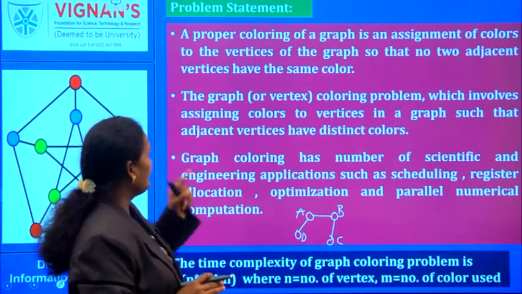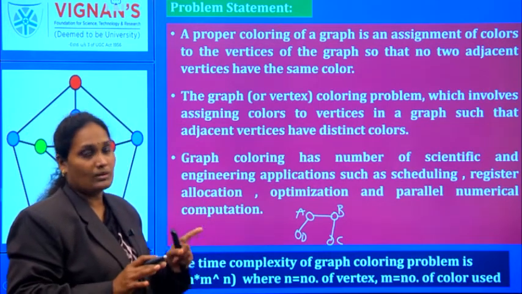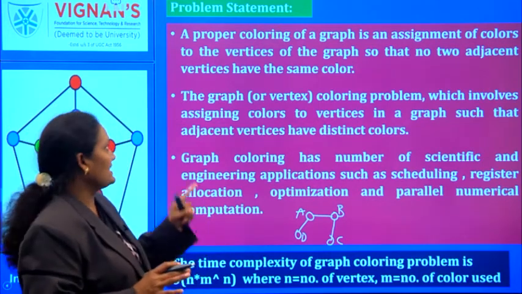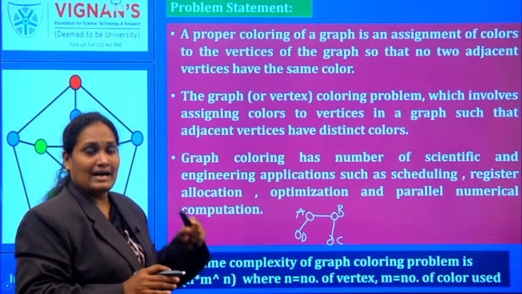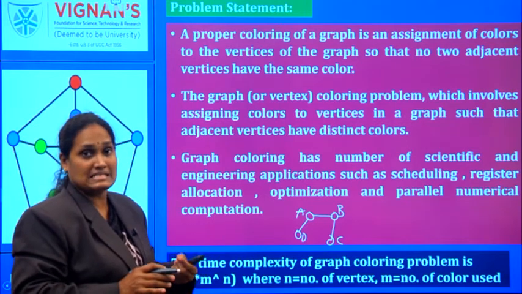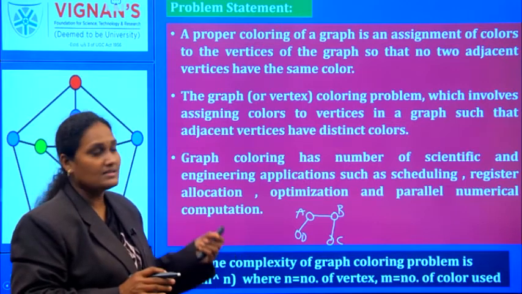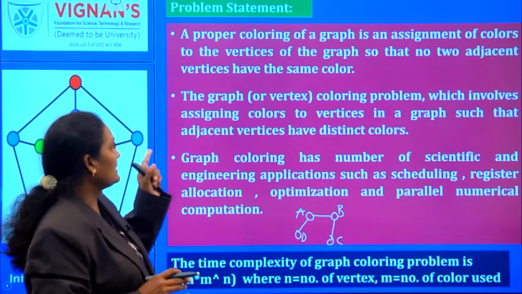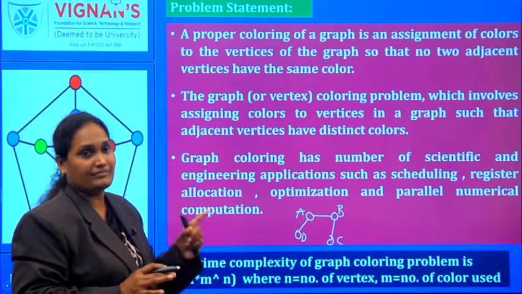So what are adjacent vertices? The vertices which are connected with an edge are called adjacent vertices. What is proper coloring of a graph? Proper coloring of a graph is assigning colors to the vertices of a given graph in such a way that no two adjacent vertices have the same color. Now, the graph coloring problem. What is the problem statement of the graph coloring problem?